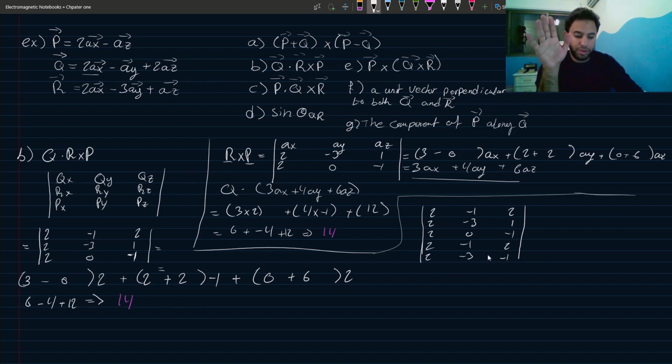And then you draw a diagonal line. Let me use this color. You write this line like this, and the second line, you draw it properly, and then you draw a third line.